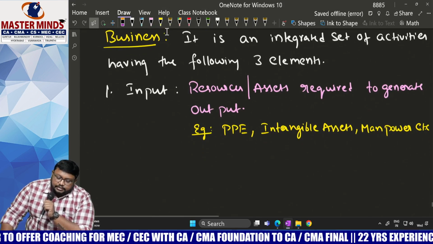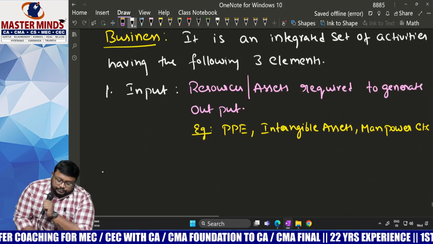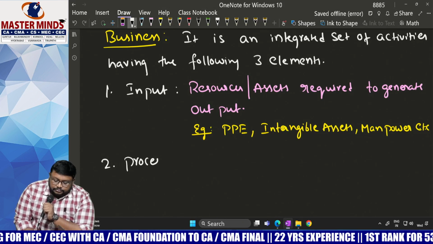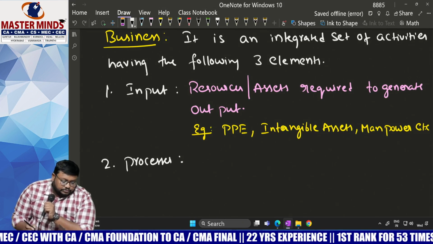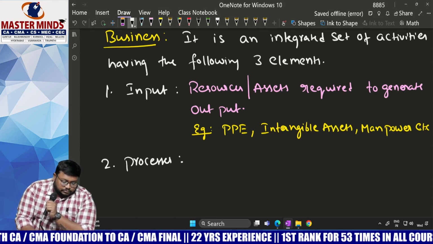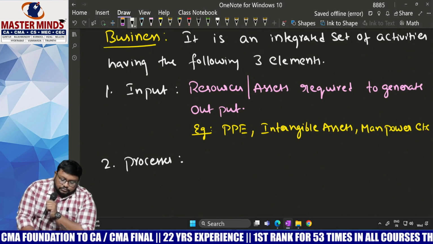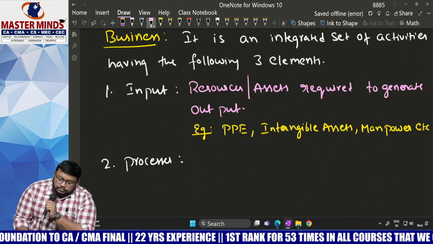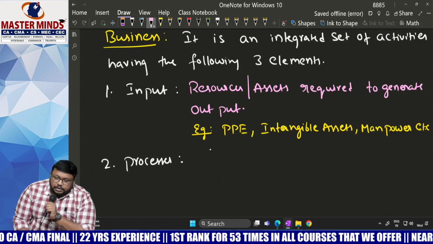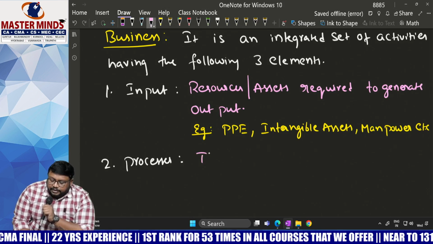What is the second element? Processes, which in simple language you can write as technical know-how.